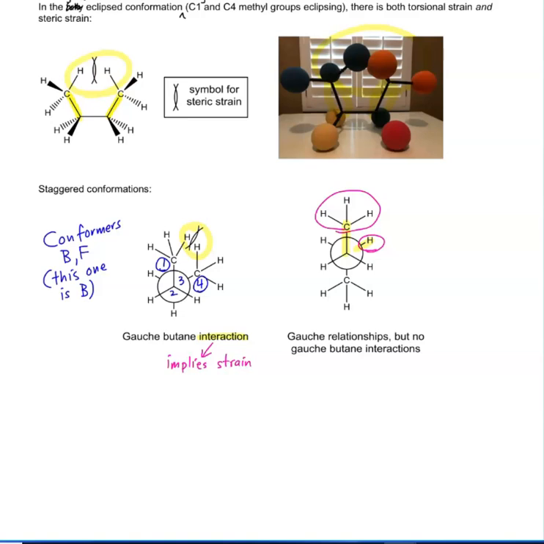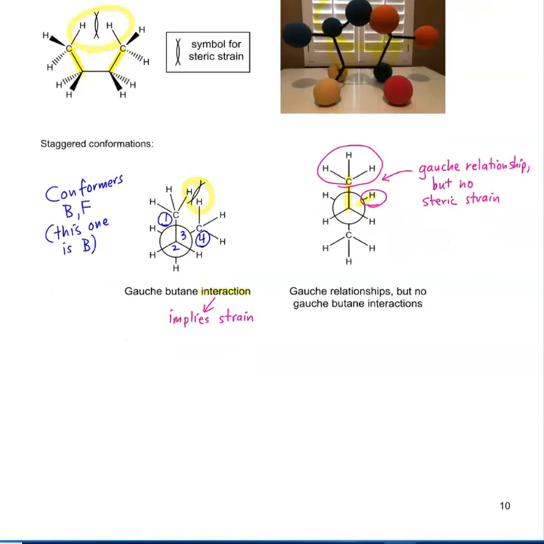So there's a gauche relationship between carbon 1 and that hydrogen, but no steric strain. That hydrogen that I circled by itself is too small to get into trouble with the hydrogens on the methyl group at C1.